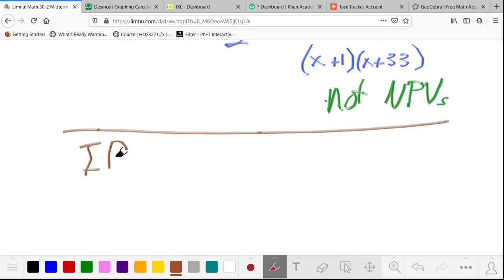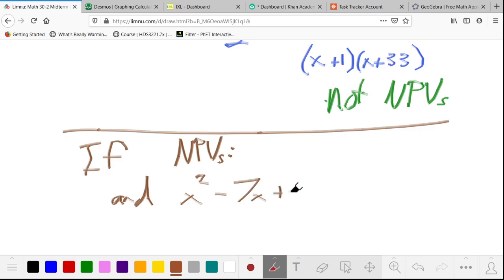So if we have NPVs and, let's say we have x squared minus 7x plus 10, and our NPVs are 2 and 3.